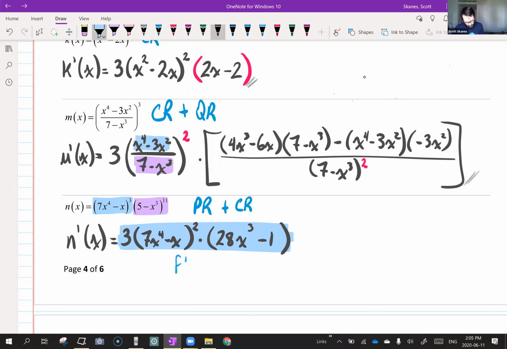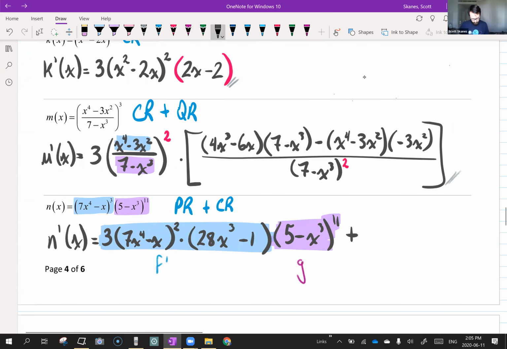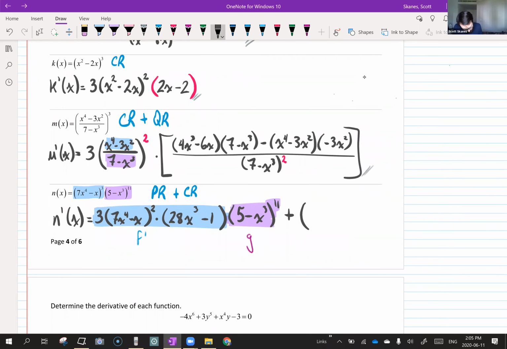That's the first one. Now I need to keep the second one the same, because remember, this is one big product rule. So this is g plus the first one and then the derivative of the second one, which is, let's see if we can end strong.